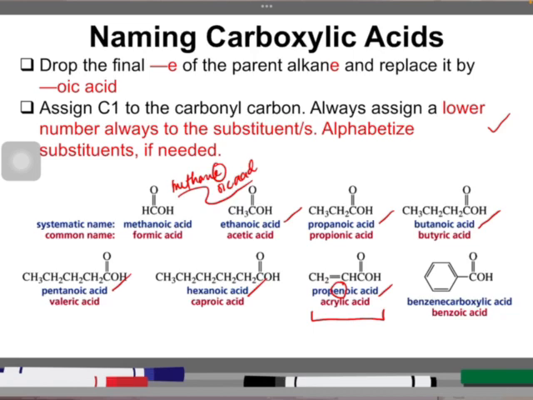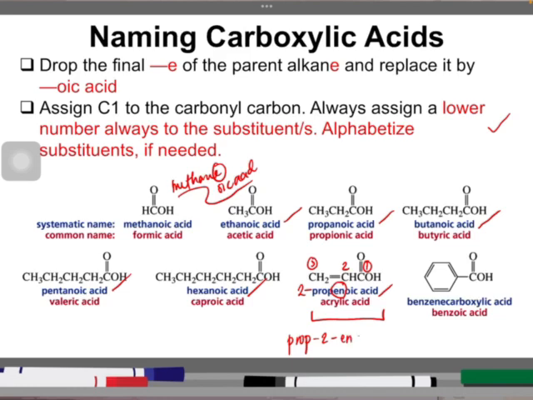So, sabi nga natin, the carbonyl carbon is carbon number 1, this is carbon number 3, and this is 2 and 3. So, yung ating double bond ay between 2 and 3. So, we can also write here 2-propenoic acid, or kung gusto nyo naman, prop-2-enoic acid.